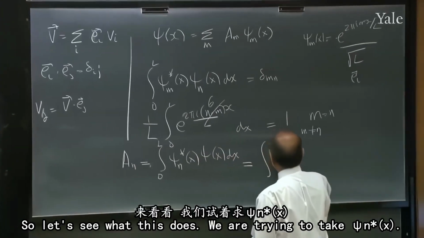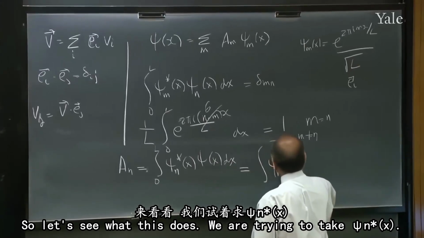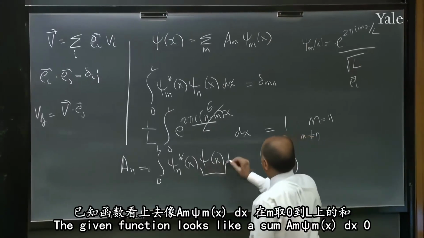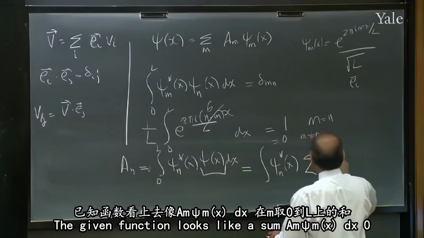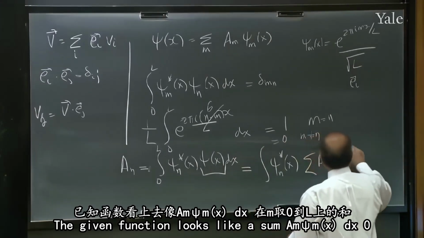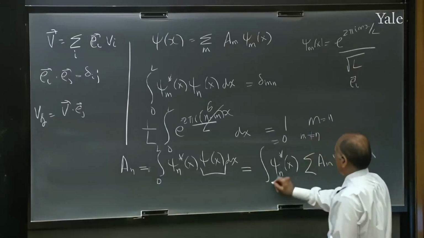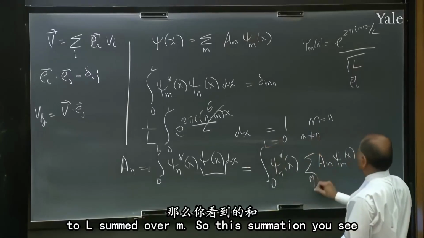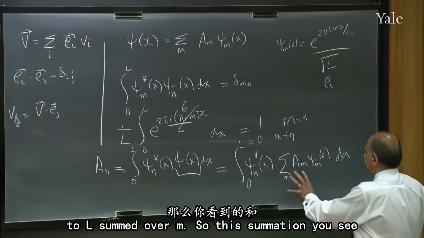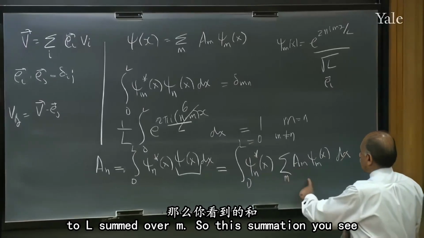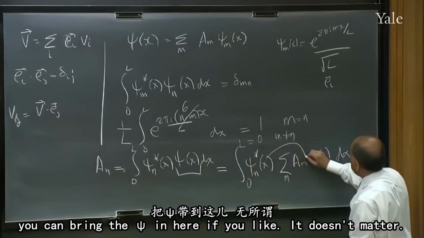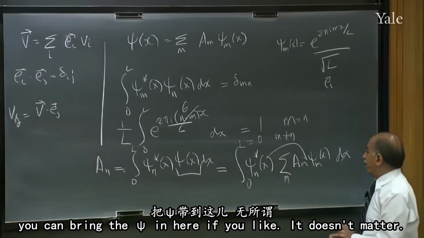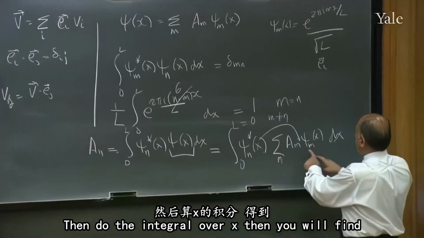We are trying to take psi n star of x times the given function, which looks like a sum of am psi m of x, dx from 0 to L, summed over m. So this summation, you can bring the psi n here if you like. Doesn't matter. Then do the integral over x.